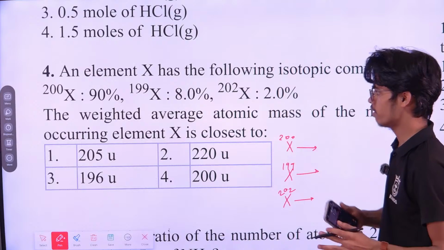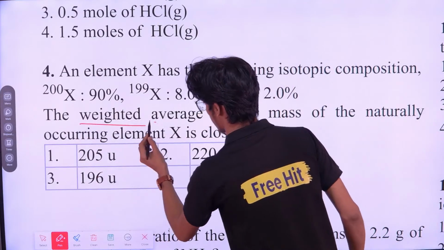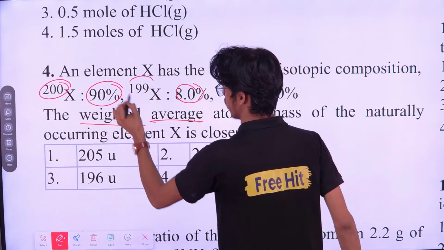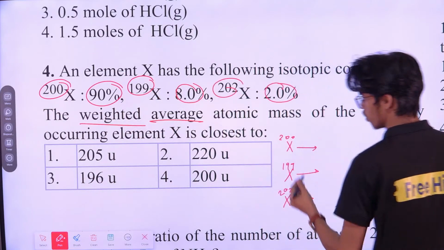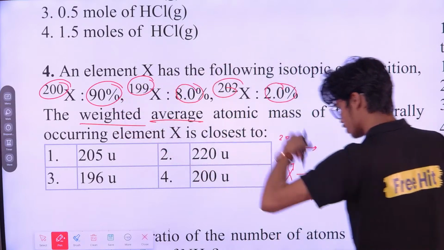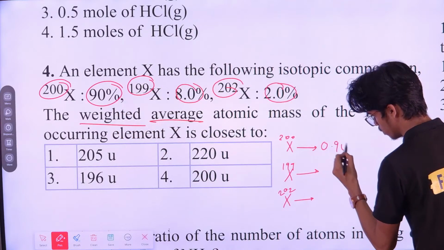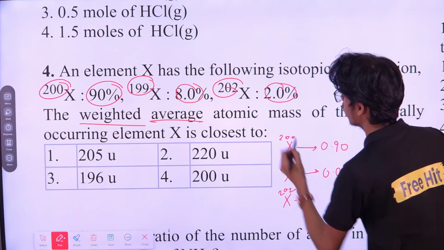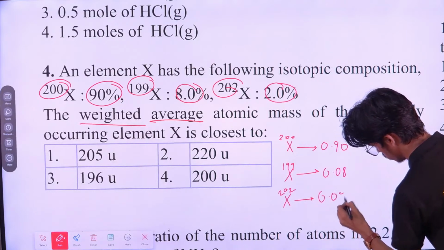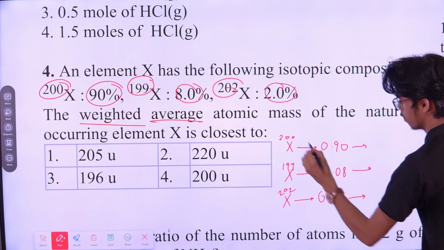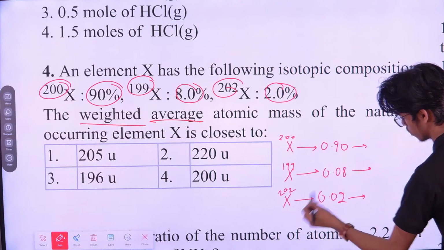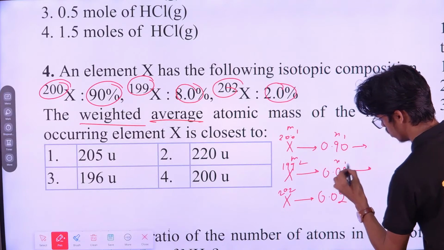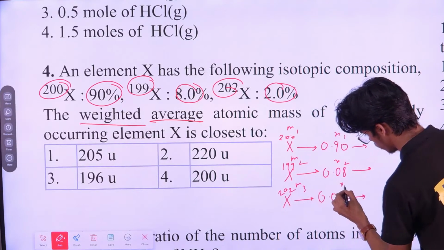We are doing a simple weighted average: concentration multiplied by weight. 90% in ratio is 0.90, this is 0.08, and this is 0.02. Now multiply these numbers: M1 X1, M2 X2, M3 X3.